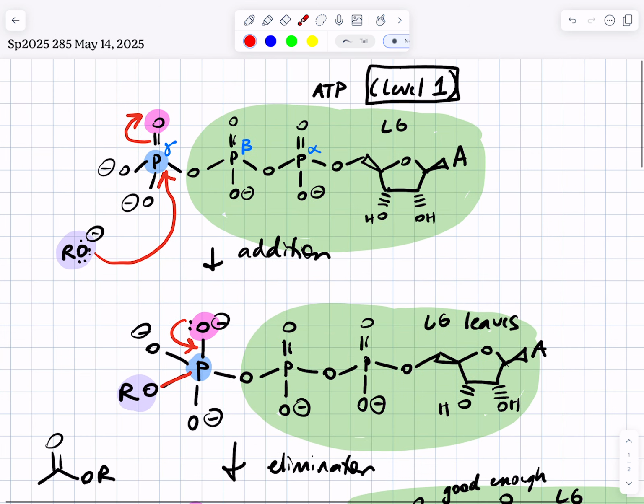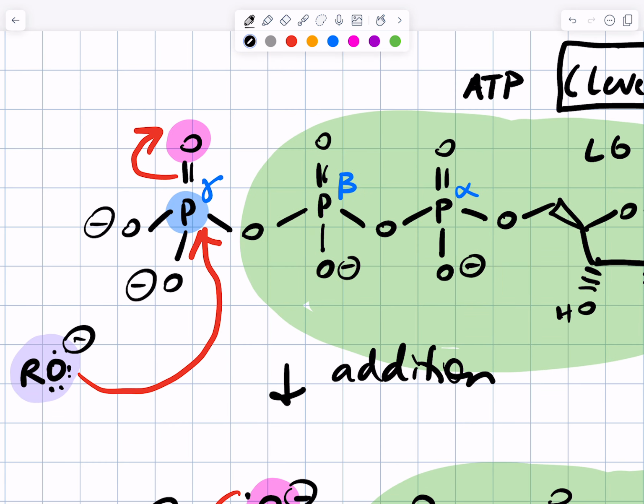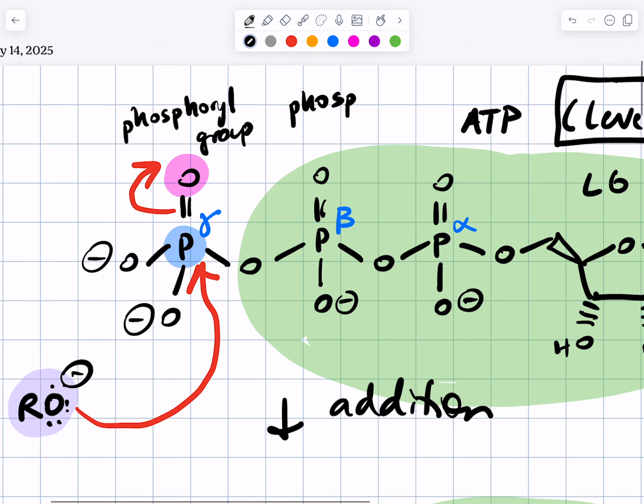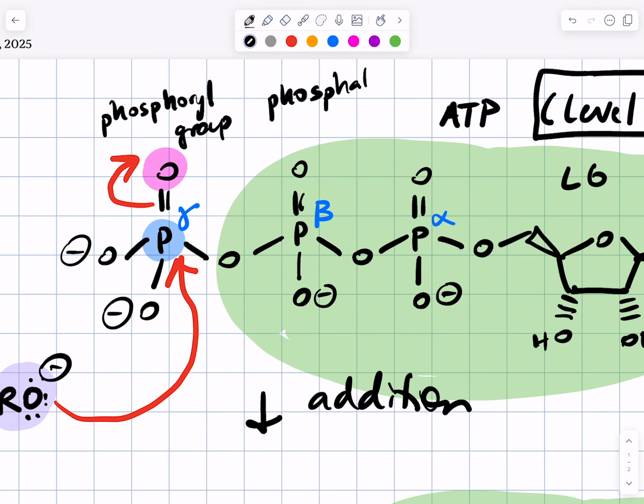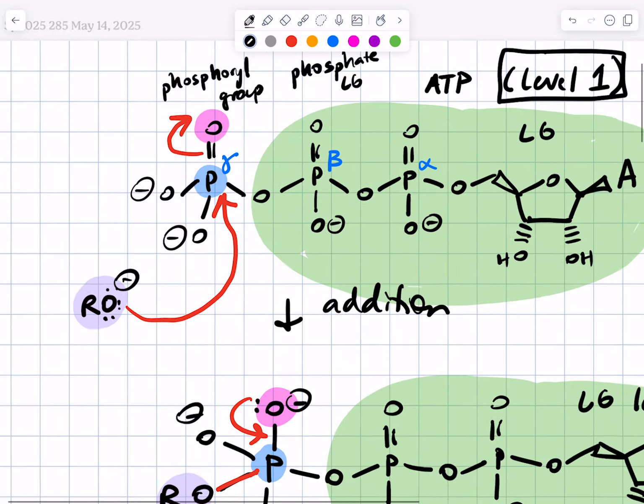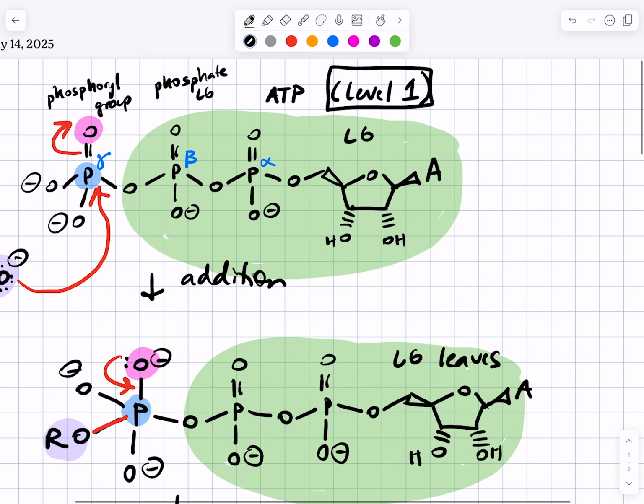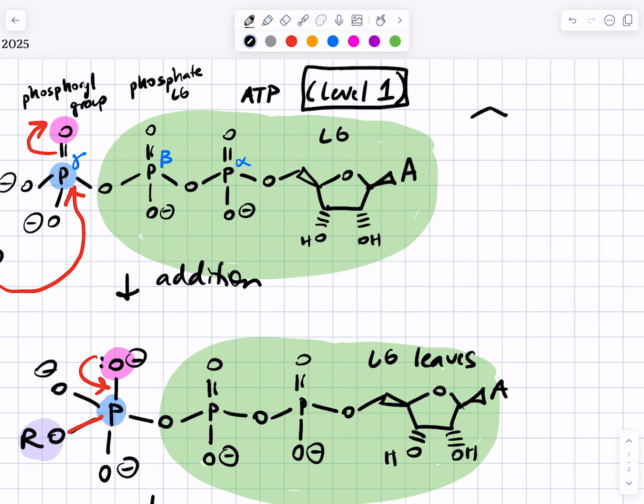The functional group that we're talking about, the bond between a phosphoryl group and a phosphate-based leaving group, is similar in some ways to the bond between a carbonyl group and a carboxylate leaving group.